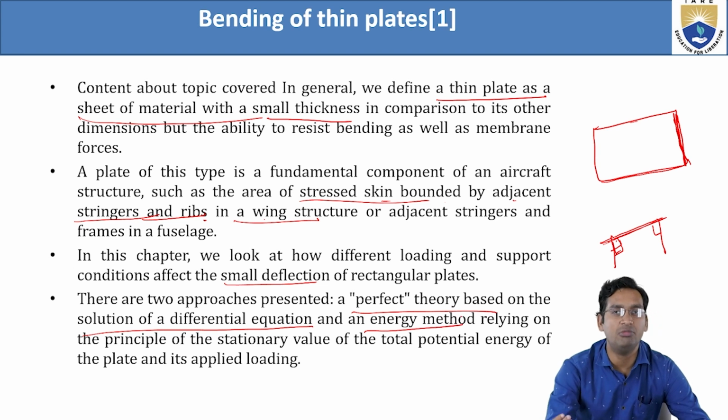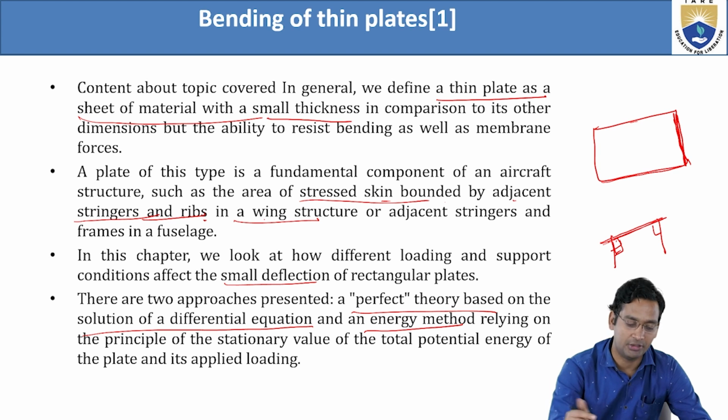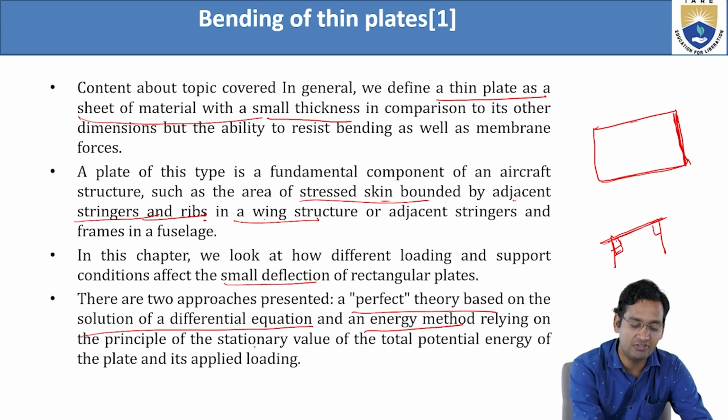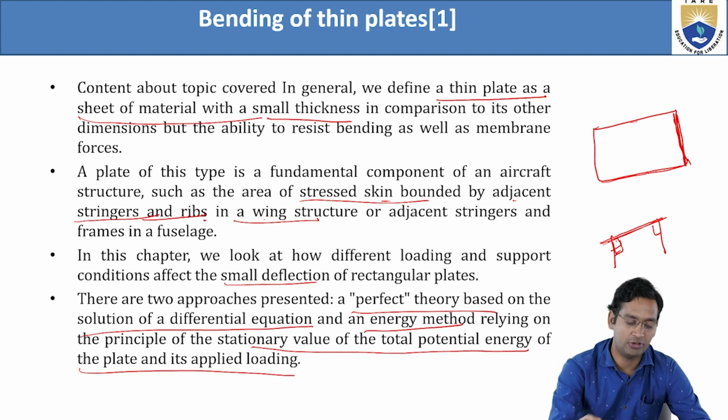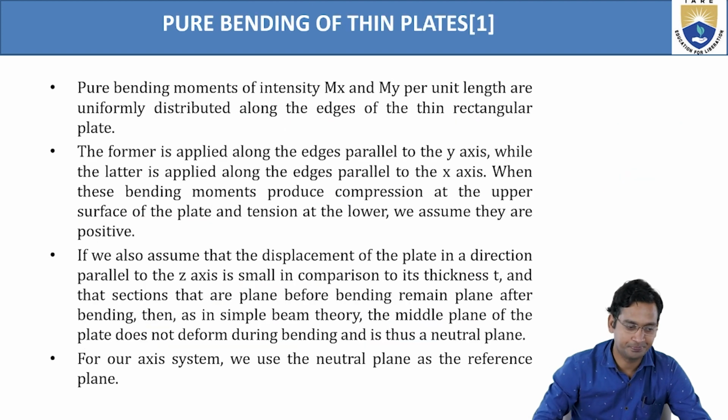In this chapter we will use only the energy method, not the differential equation method. The energy method relies on the principle of the stationary value of the total potential energy of the plate and its applied loading, which we saw in module 1.